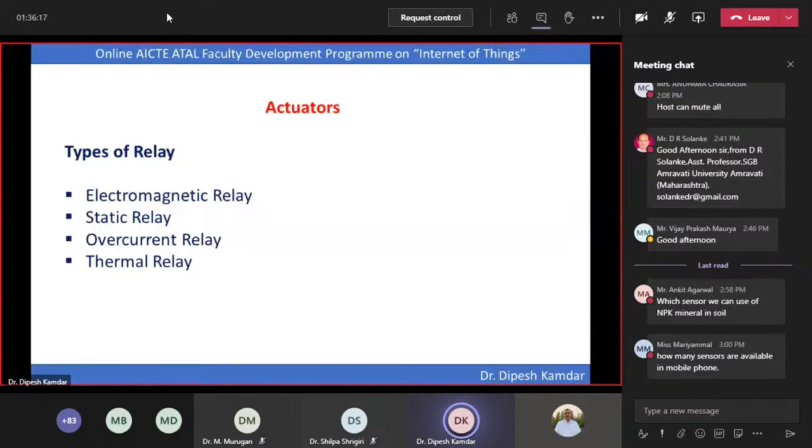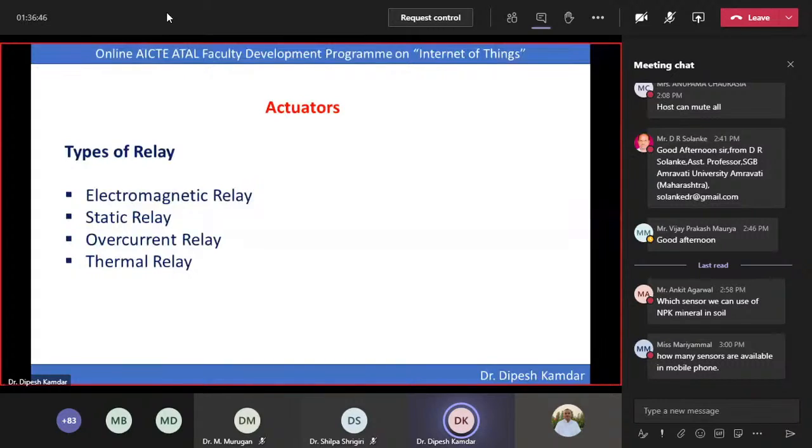Or a thermal relay, which works on the basic principle of thermal conductivity. So thermal means you can use it on both sides. If temperature goes high, it will start working, or if temperature goes below something, it should start working. It depends on how you are connecting your relay.